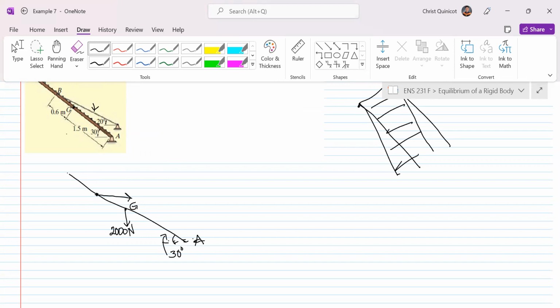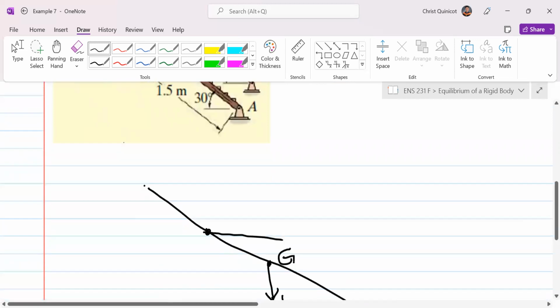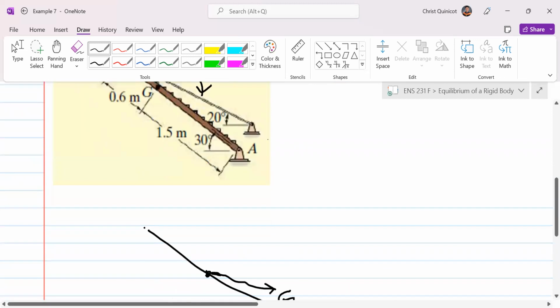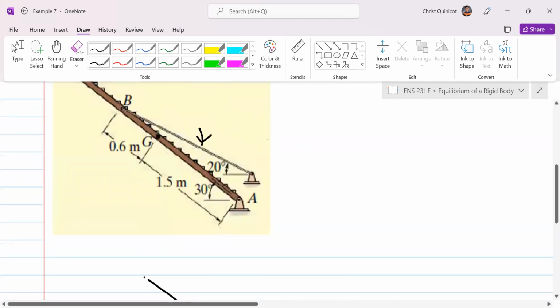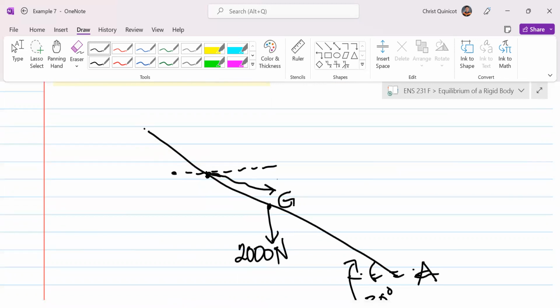Now, our tension is applied, the cable is 30 degrees with respect to the horizontal. So therefore, this is our T. So this is also 20 degrees.